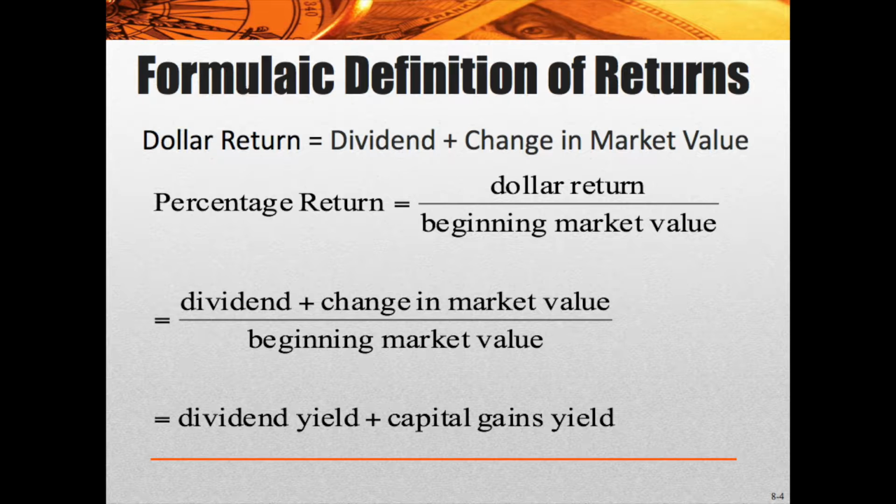On top of that, we can break it down further and turn it into yields. So the dividend yield plus the capital gains yield is your percentage yield or percentage return. If you earn 2% in your dividend, and you had a capital gains yield, the selling price minus the amount you paid for it, divided by the amount you paid for it.